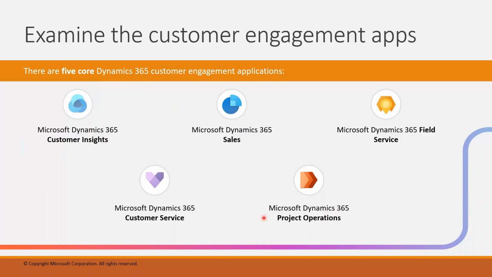Now the D365 applications: whenever a client purchases a license for D365, we get all these applications as sample applications. Now it's our responsibility to make these applications based upon the client's requirement.